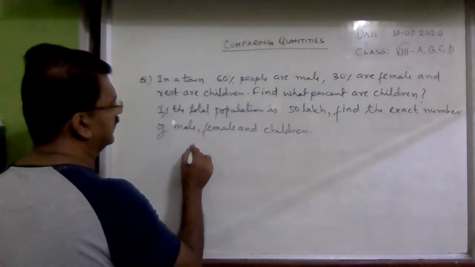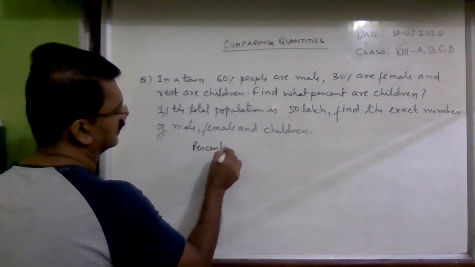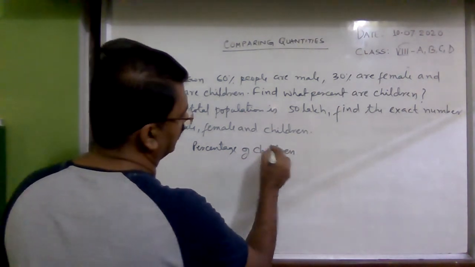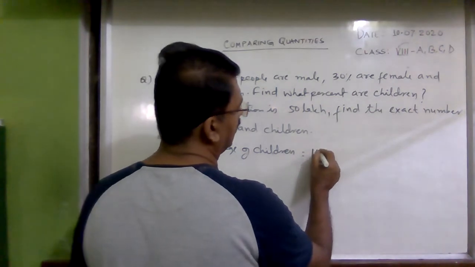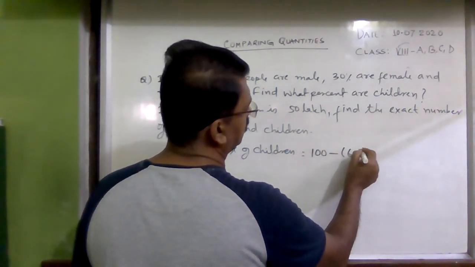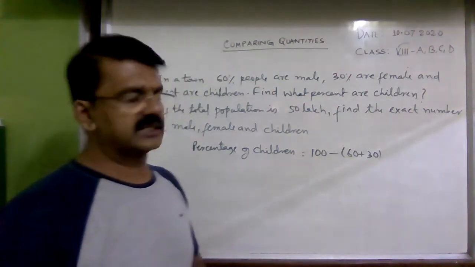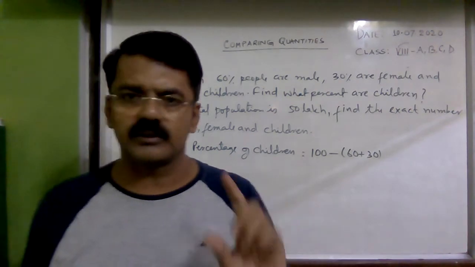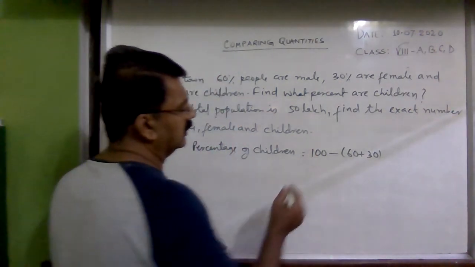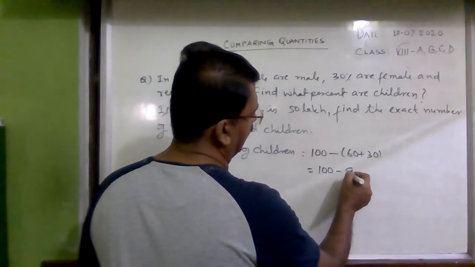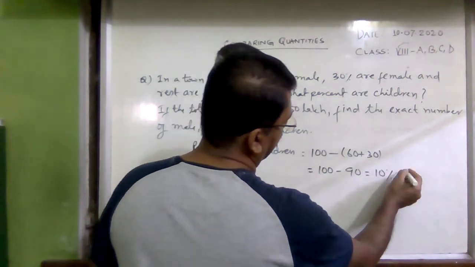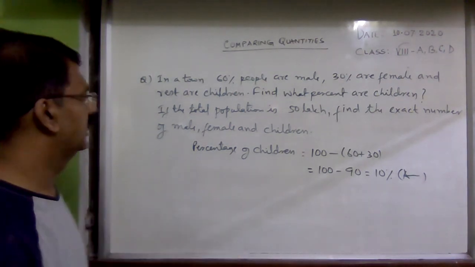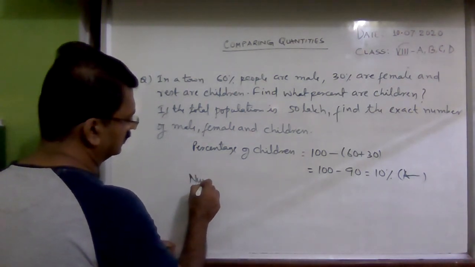So percentage of children will be equal to 100 minus 60 plus 30, because 60% male, 30% female, when you add them and subtract them from 100, because the third is only children, so 100 minus 90, that is 10%. That is your answer to the first part. 10% are children.